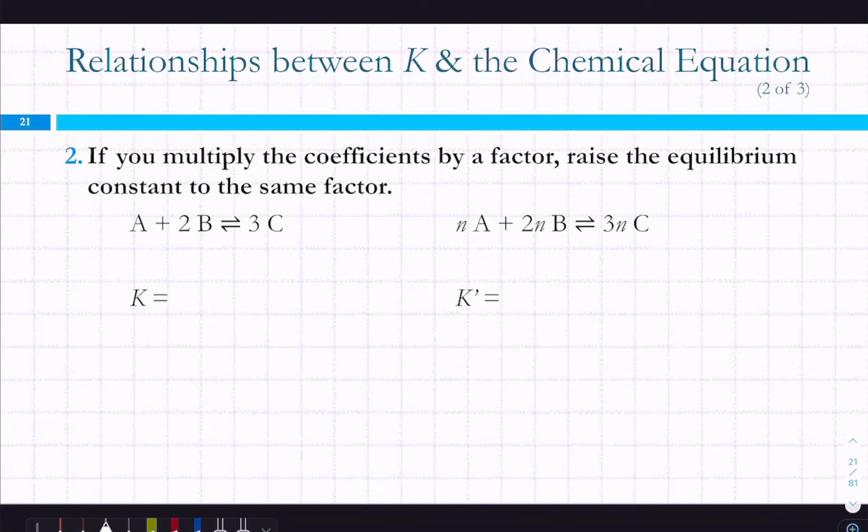So we can also multiply the coefficients by a factor. And then all we have to do is raise the equilibrium constant to the same factor. So if we take our equation on the right here, again, it's the same as the previous one.